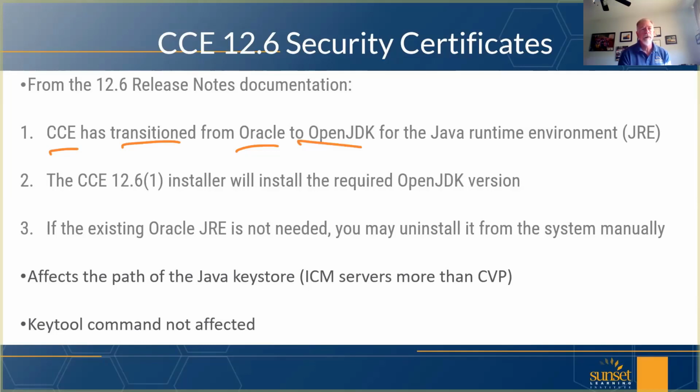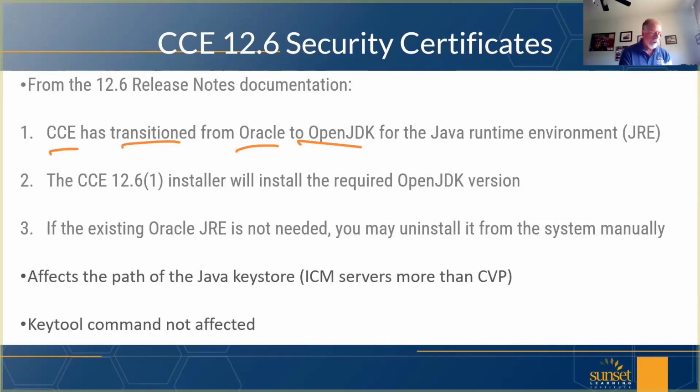You need to have Java stuff to run stuff, apparently. Somebody along the way decided, hey, let's do some different Java stuff for a Java runtime environment. The 12.6 installer / upgrade utility, if that's what you're going with, is going to install the required open JDK version. Okay, so it's going to do that automatically for you.